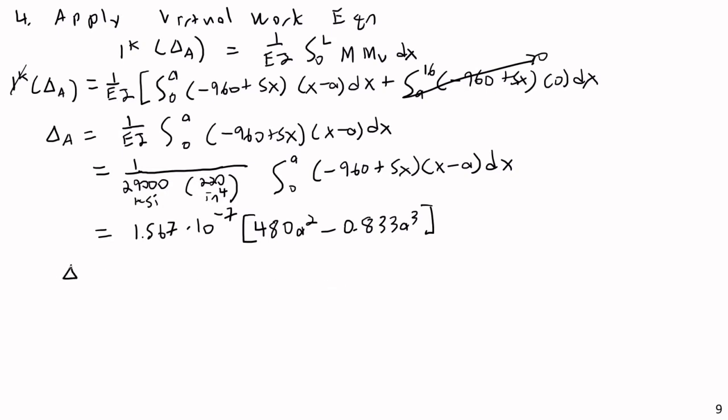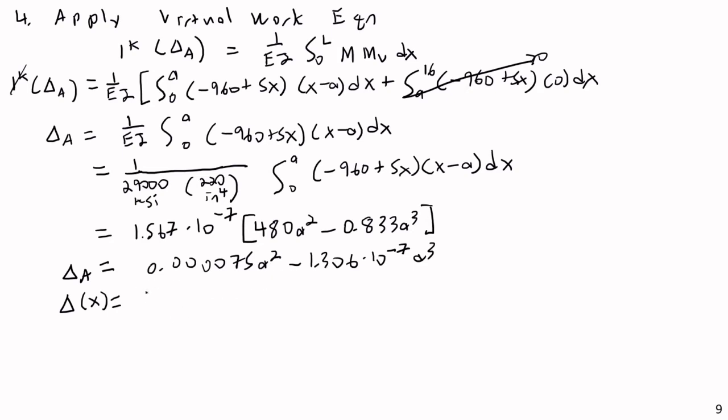And therefore, combining this together, we'll find that delta A is equal to 0.000075 a squared minus 1.306 times 10 to the negative 7 a to the 3rd power. Or if I wanted to express this as a deflection as a function of x, I could bring back x because I'm done integrating across x, so I could just convert a to x if I wished.